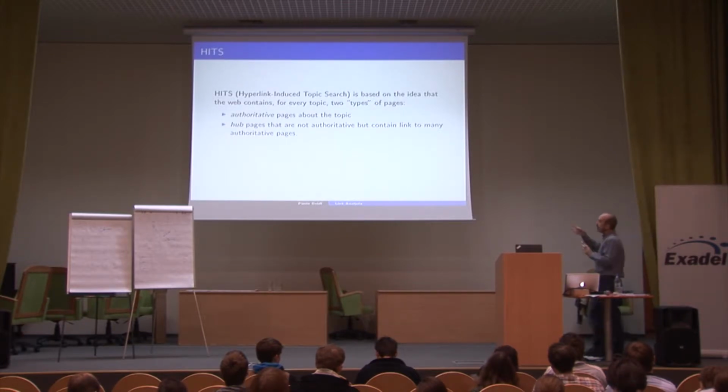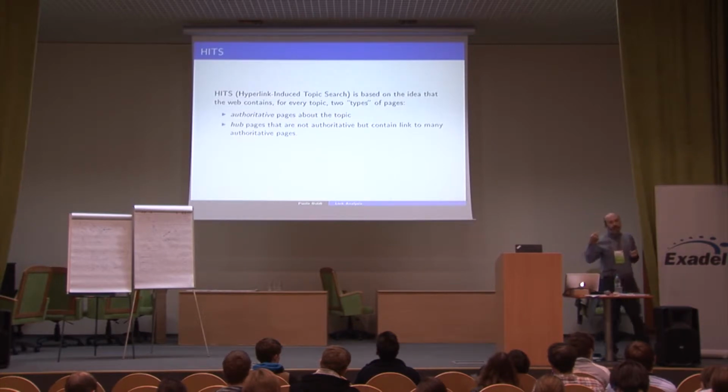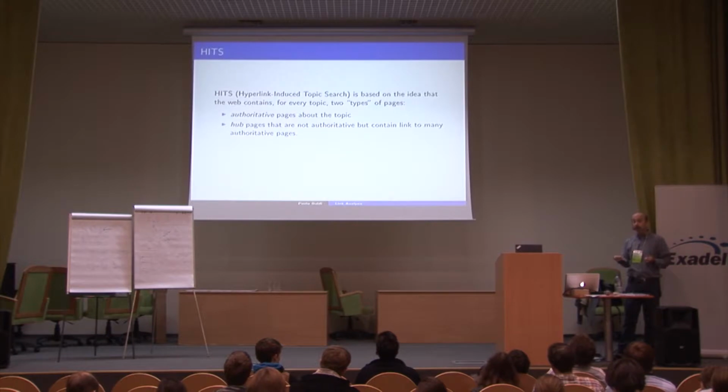One computes the authoritativeness score based on the hubbiness score of the pages that point to the page you're interested in. And one will measure the hubbiness score of a page based on the authoritativeness of the pages it points to.